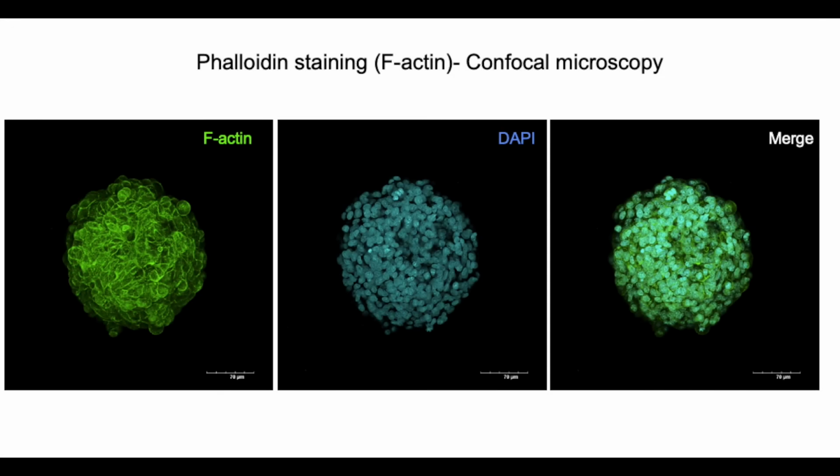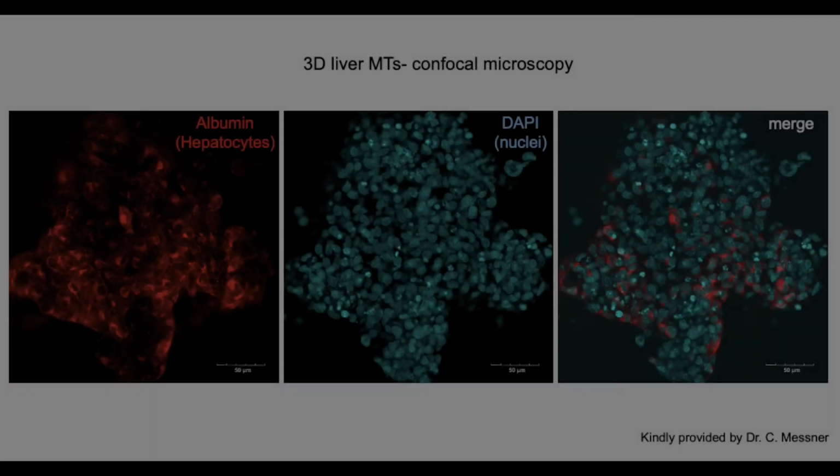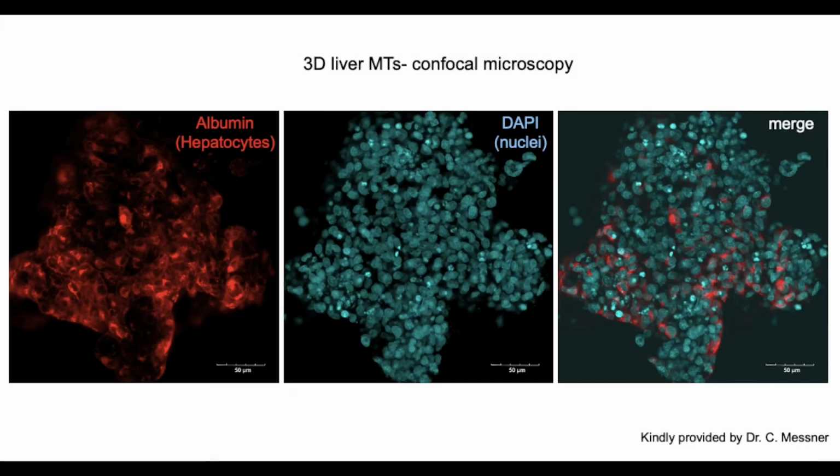Here we see the final image of the microtissue stained with phalloidin. We have also provided some additional images of staining that requires the primary and secondary antibodies as examples of the other process that can be performed.